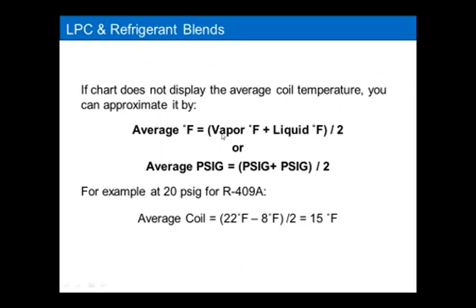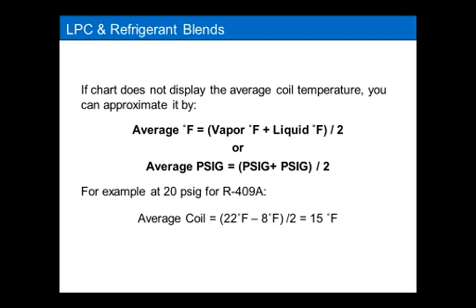To calculate the average temperature, you can approximate it by taking your vapor temperature plus your liquid temperature, adding them together, and dividing by 2. That gives you an average temperature. If you're working with pressures, take your vapor pressure and liquid pressure, add them up, divide by 2, and that's going to give you your average.